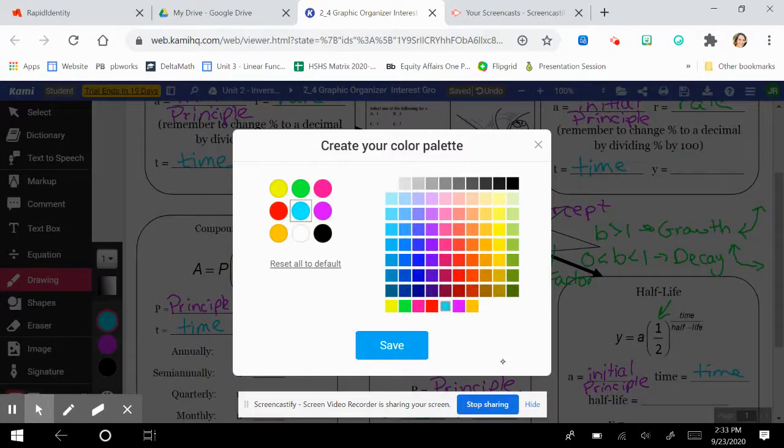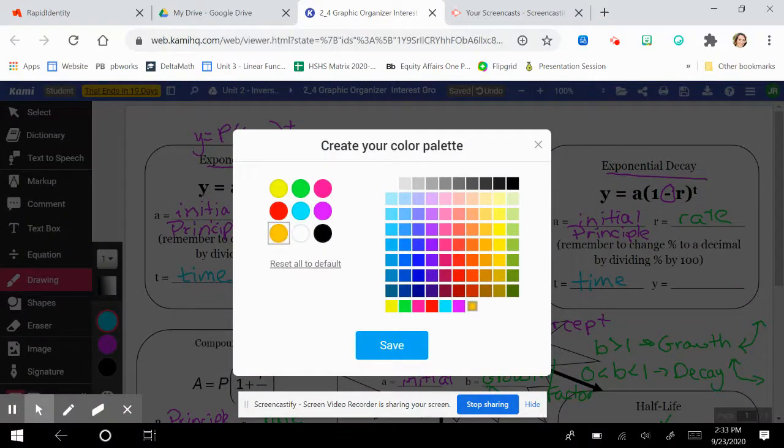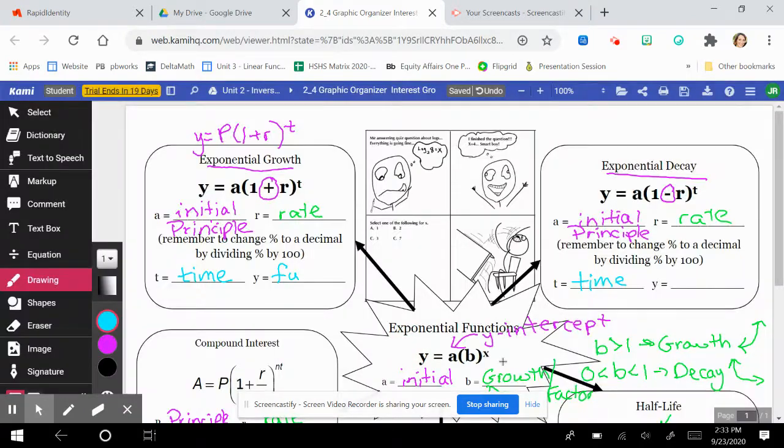Okay. So let's pick another fun color. So we'll go with orange. Y, that's what we're using these for most of the time. That didn't switch it. Let's try that again. Sorry. Most of the time, this is the future. Okay, we're just not going to be colorful. But that's the predicted value, or the future value.